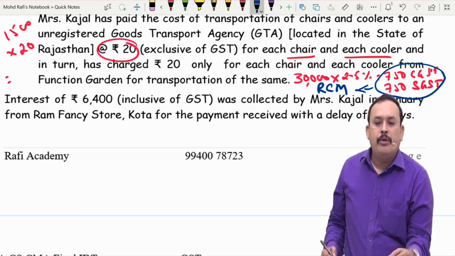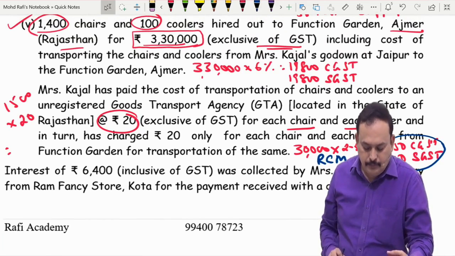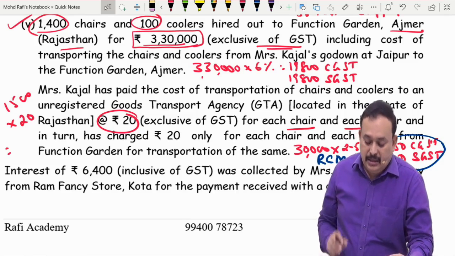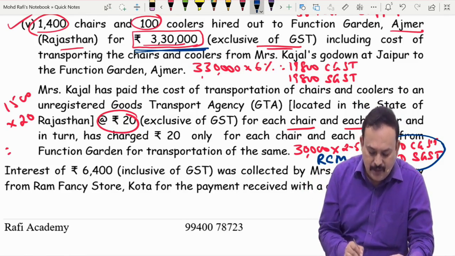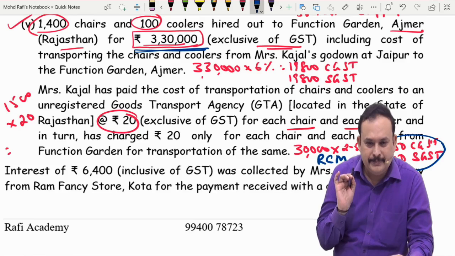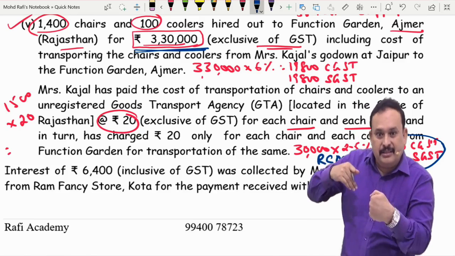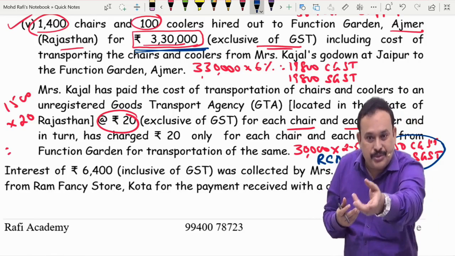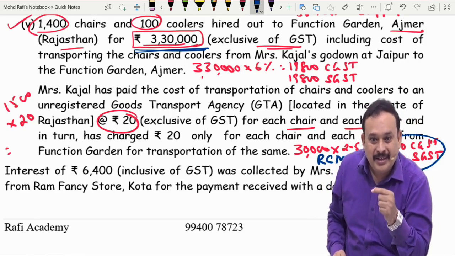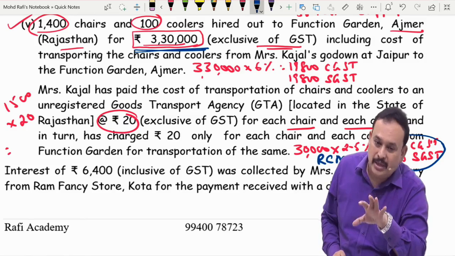Transaction five is that once again 1,400 chairs and coolers from Kajal, one customer has taken, sir. Where they are charging the hiring charges and the transportation charges together, 3,30,000. It's a composite supply. Okay, sir. Then they are supplying, and Kajal is receiving from somebody else, an unregistered GTA, who carries the goods. The chairs and coolers are owned by Kajal.